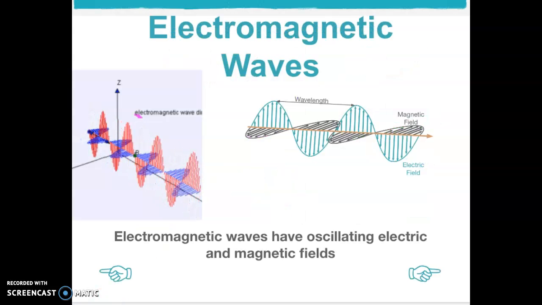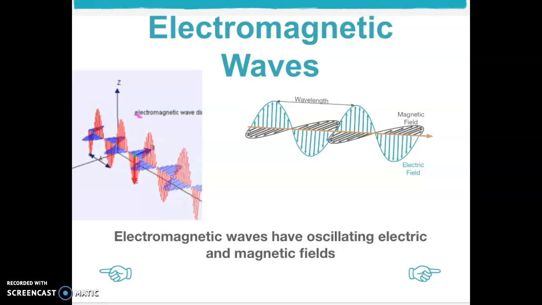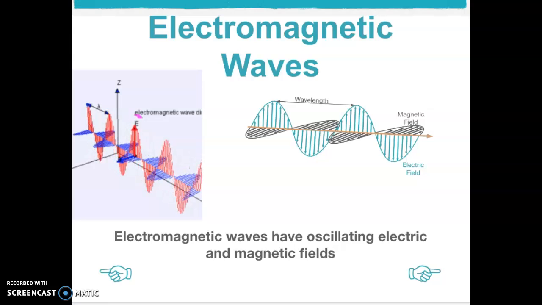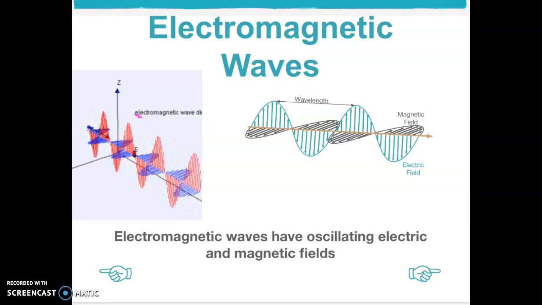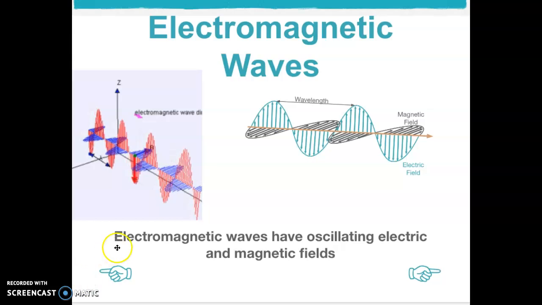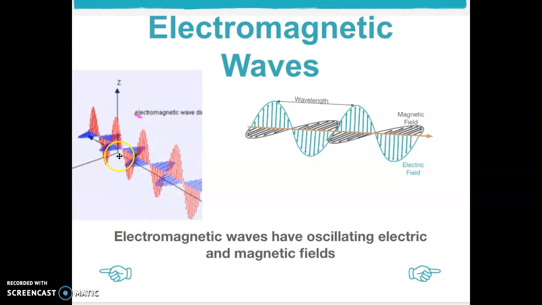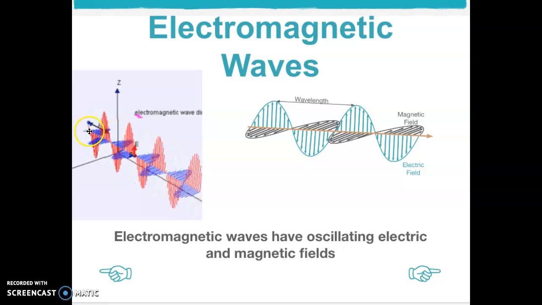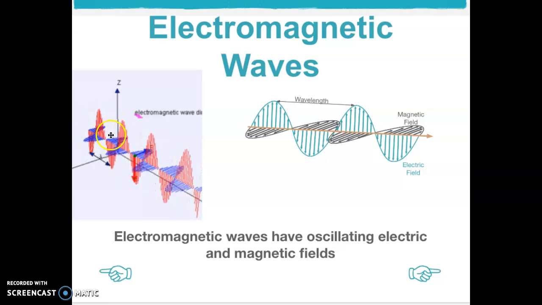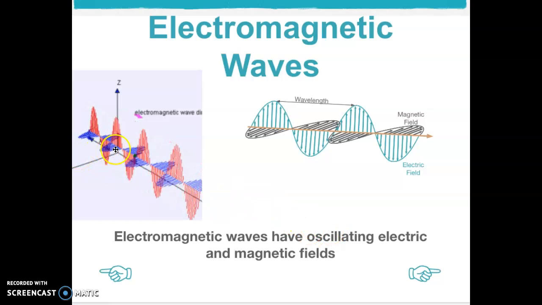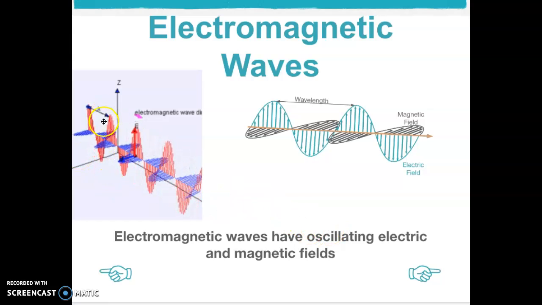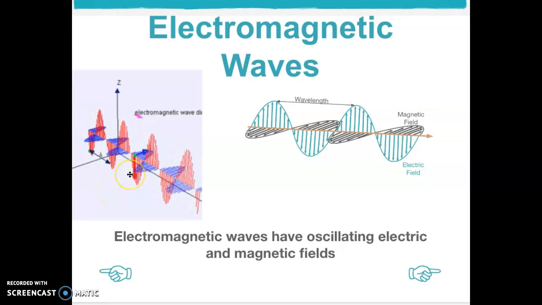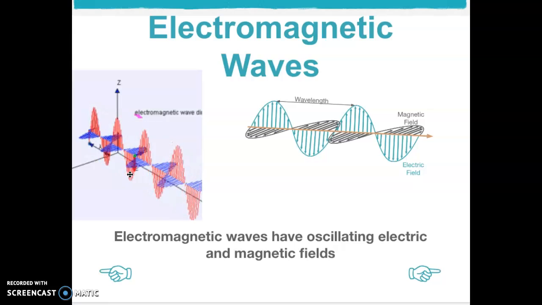Now, what kind of waves are these? Because we've spoken about transverse and longitudinal. Electromagnetic waves are a little bit special. They are transverse because the oscillation is at 90 degrees to the wave direction. So if you can imagine a ray of light going this way, what we see is the oscillation here at 90 degrees. But what makes electromagnetic waves special are two things.